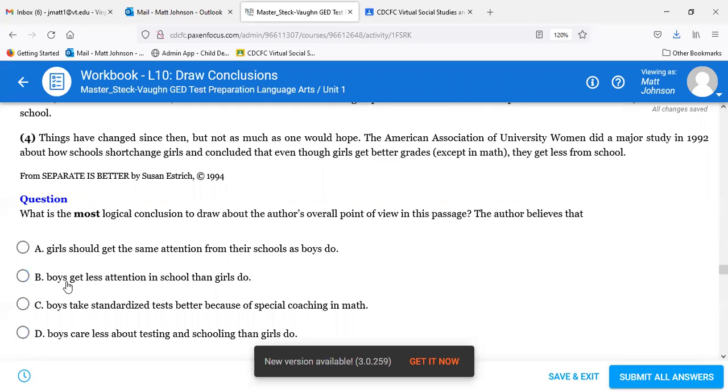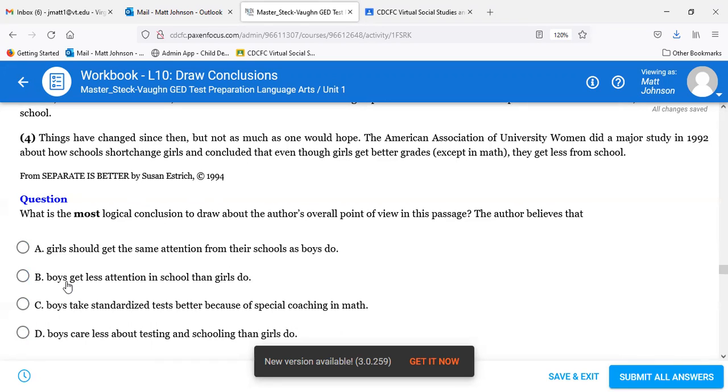So the author believes that A, girls should get the same attention from their schools as boys do. B, boys get less attention in school than girls do. C, boys take standardized tests better because of special coaching in math. D, boys care less about testing and schooling than girls do.